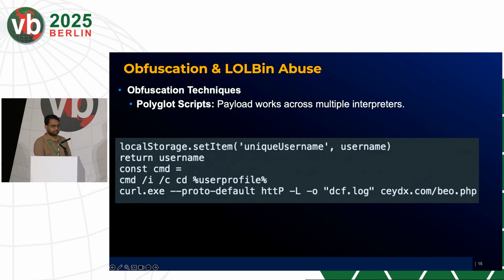This cross-platform compatibility gives attackers a greater reach, enabling malicious code that can operate on different operating systems. Attackers favor polyglots because they can bypass platform-specific security controls and ensure the malware runs regardless of the interpreter.